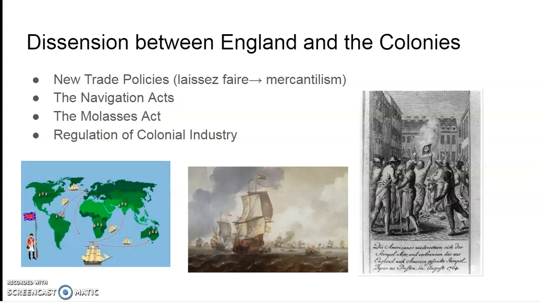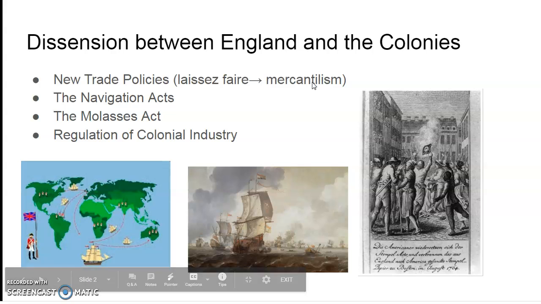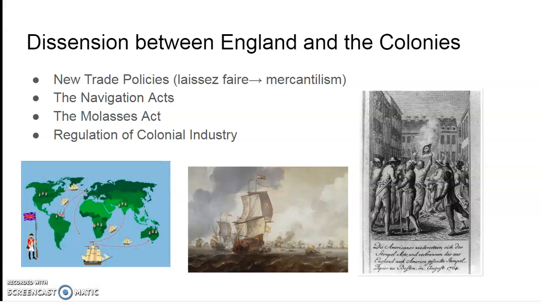So the policy changed from laissez-faire to mercantilism. And mercantilism basically is when everything within the colony goes to the mother country for the mother country's good, and the colonies don't really get anything out of that.